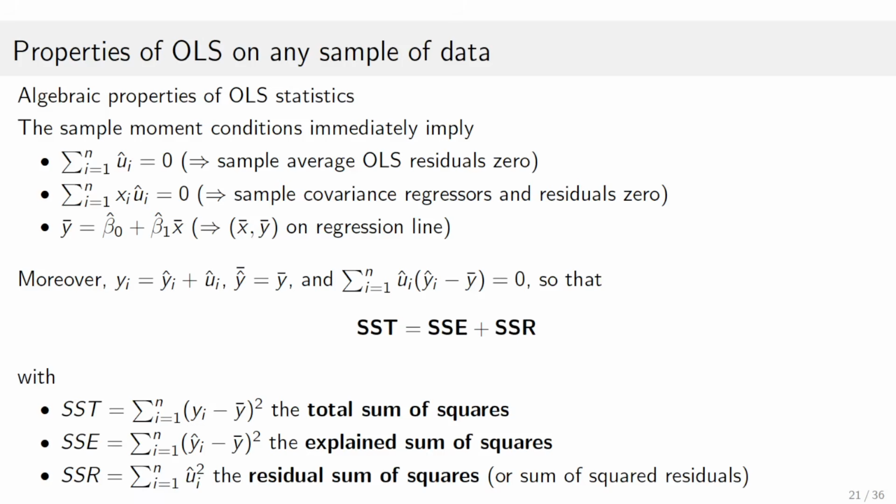At the same time, each time you will get different beta naught hats and beta 1 hats. That's also important to realize. Now, the next thing I want to discuss is something that's related to interpreting the results and to talking about the goodness of fit.